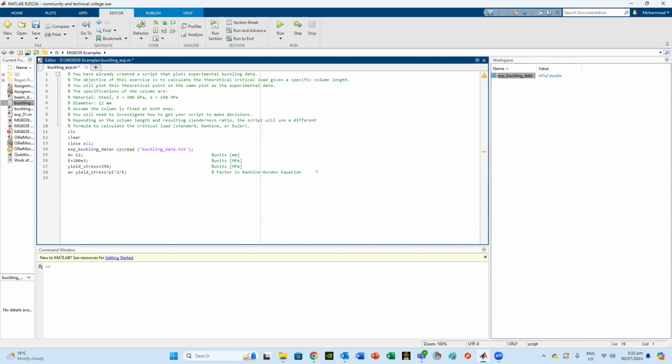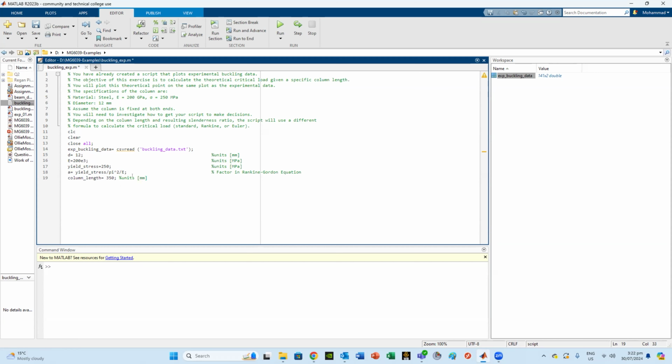All right, now we need to use the column length. So I'll start with a value of 350, the column length in this question. So I'll write column_length equals 350. And remember, this is in millimeters, so I'll write units in millimeters.